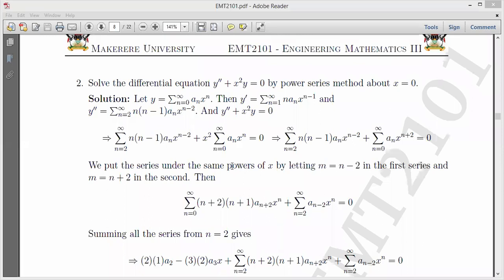Yes, guys. So let's look at example 2 here. Solve the differential equation. This is the second order by power series method.